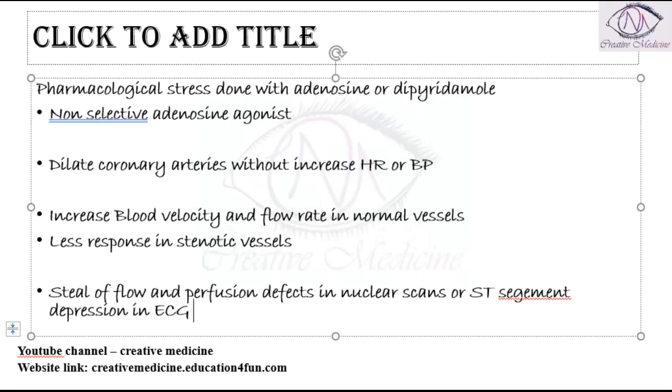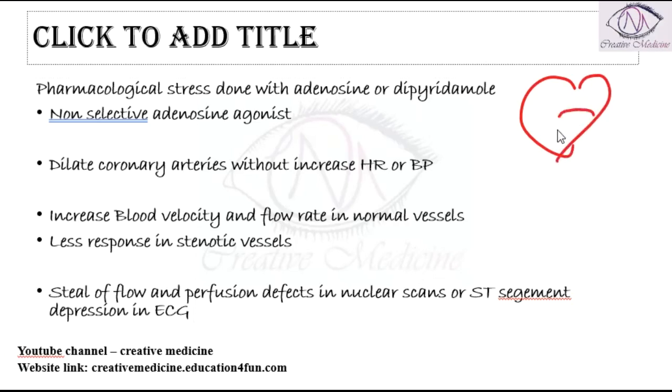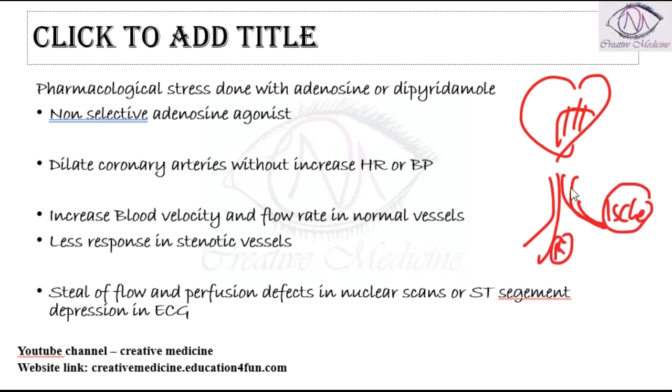So if this is the normal heart, and this is the ischemic tissue, dipyridamole and adenosine will cause vasodilatation if there are two vessels. This is one vessel, the normal vessel, and this is the second vessel, the ischemic vessel. Normally it already has ischemia, but it is not manifested because it is not severe enough.